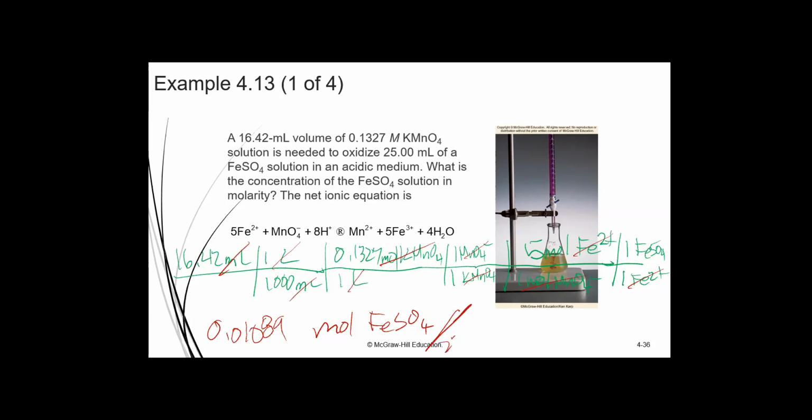So that was 25.00 milliliters. And remember, we need that in moles per liter. So we've got to take that 25.00 milliliters, turn it into liters. And we get 0.4358 molarity FeSO4.